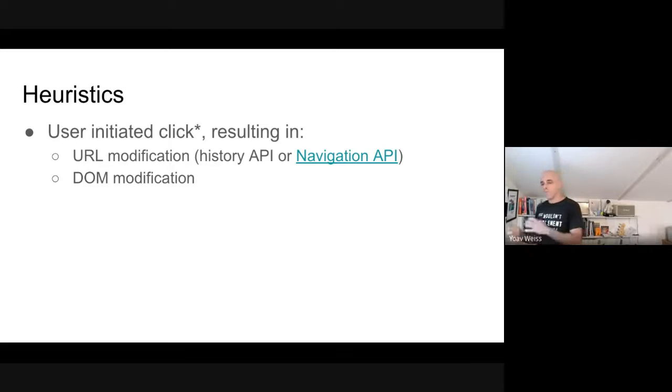And to be able to say that one is a result of another, this is why we needed task attribution for that. And the reason I have an asterisk on click is that Michael pointed out that we need to account for accessibility as well, and click events won't always cover it.